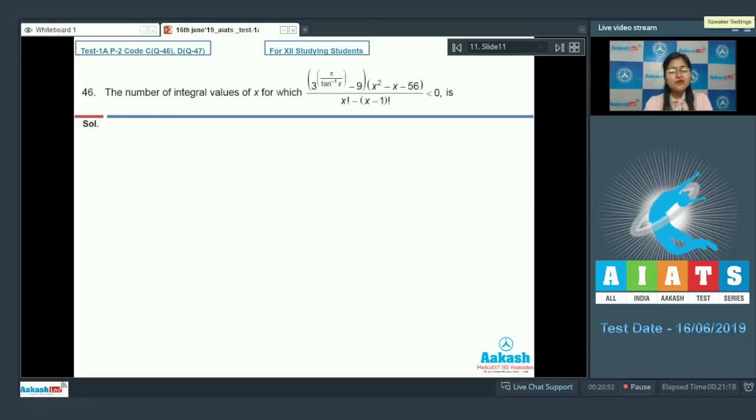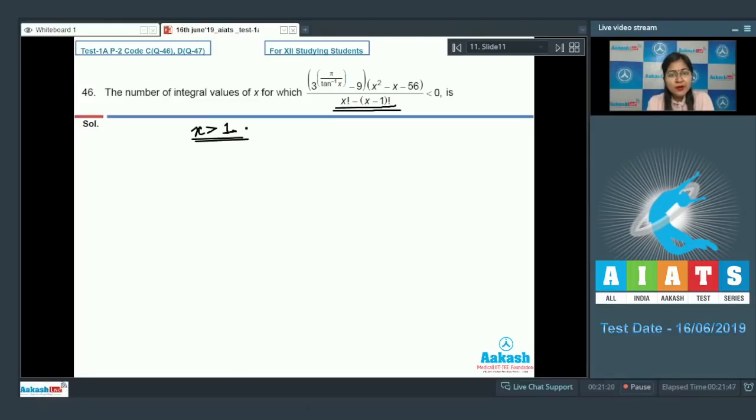Next is question number 46, in which we have to find the number of integral values of x for which it is less than 0. Now here it can be seen that in the denominator we have a factorial function, which means that x minus 1 should be greater than 1, which means that x is definitely greater than 1.